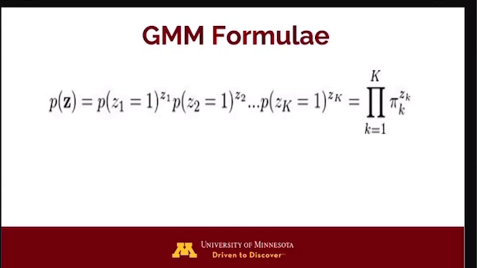Now, Z1 is going to be 1 before I can classify that into this particular cluster. So before I can classify something into a particular cluster, the probability of Z1 equal to 1, Z2 equal to 2, ZK equal to that, I'm going to raise that to the power Z1.